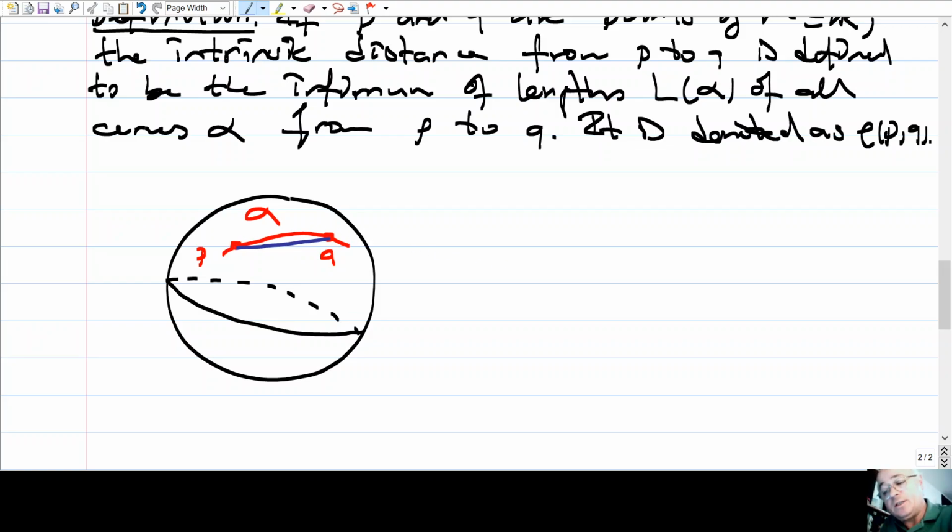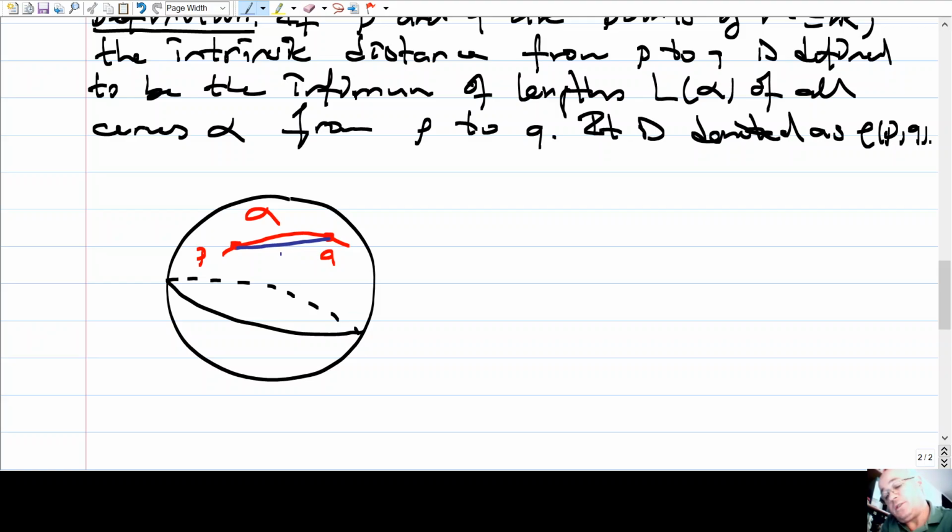So intrinsic distance is something we are familiar with. You measure this distance using different paths, and then take the infimum over the lengths of all these paths.